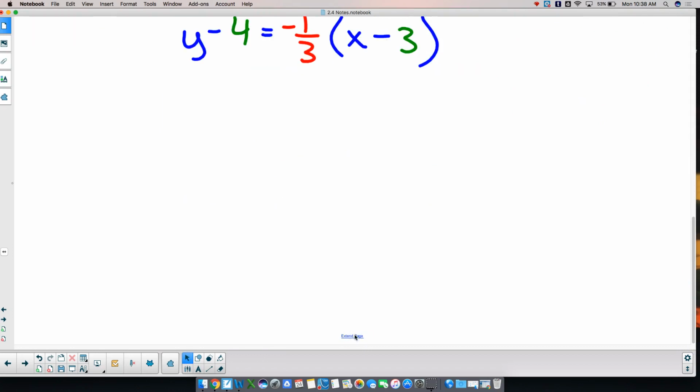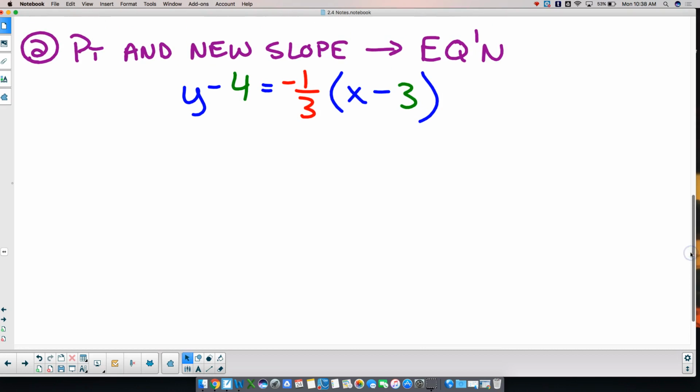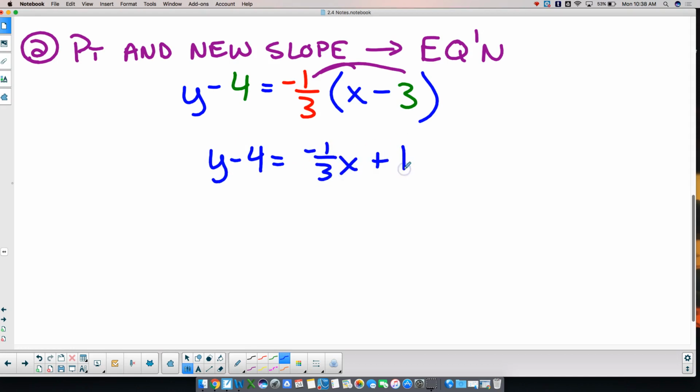Distribute: y minus 4 equals negative 1/3 x plus 1.